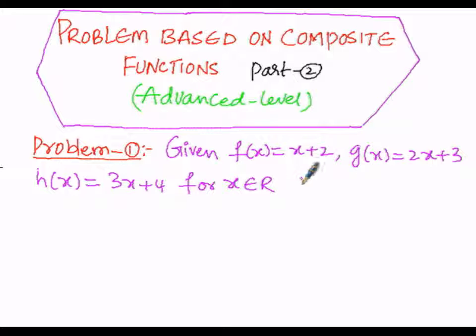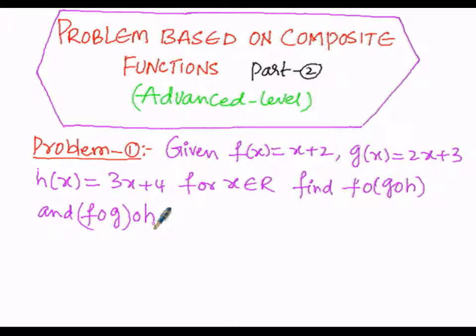Here we have to find out (f composite g) composite h as the first case, and as in the second case we have to find out f composite (g composite h).